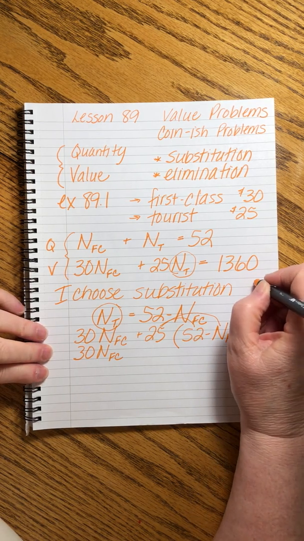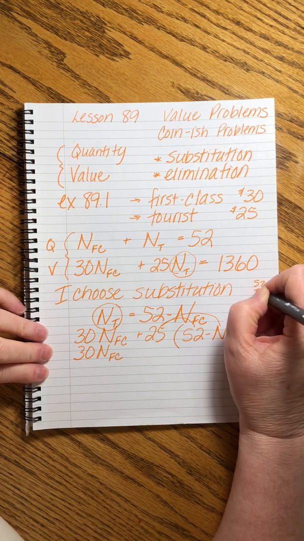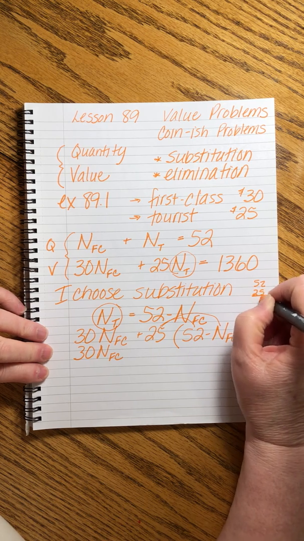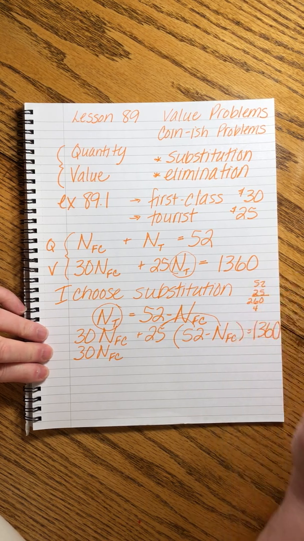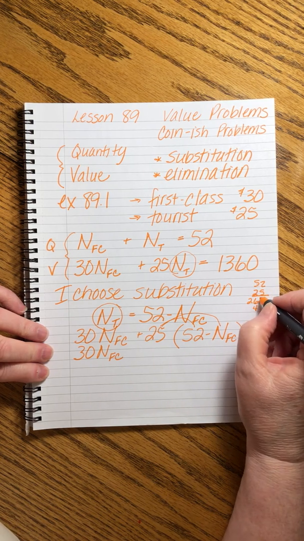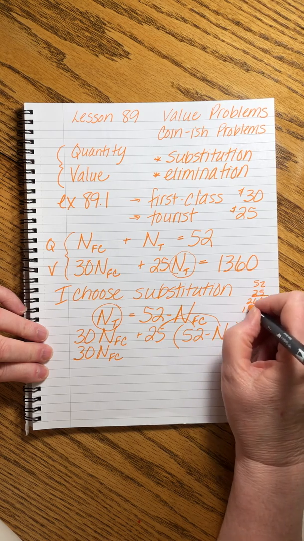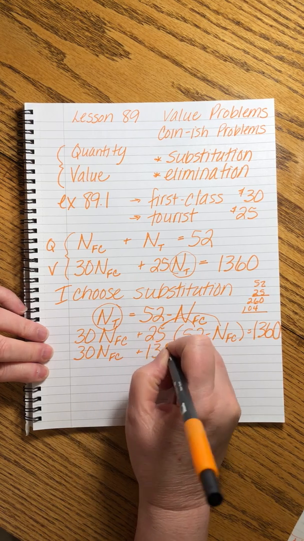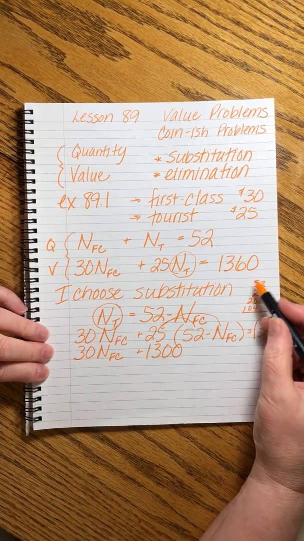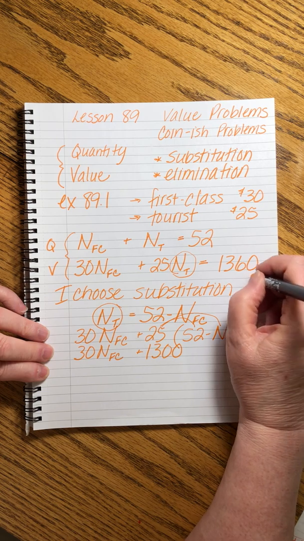I'm just going to do it right here. 52 times 25. So that is 1300, right? I just did a little multiplication side break there.